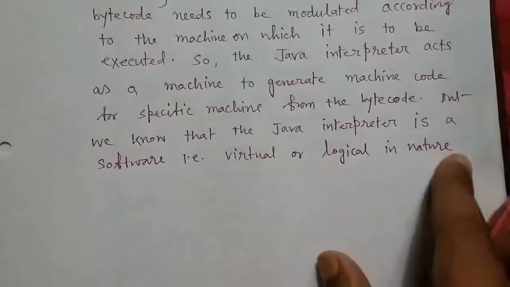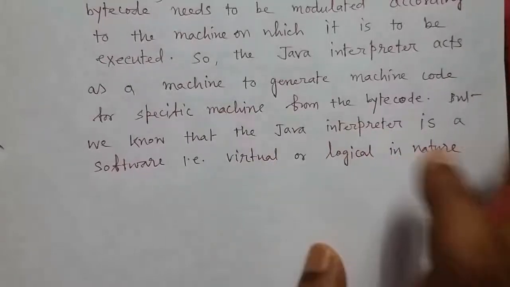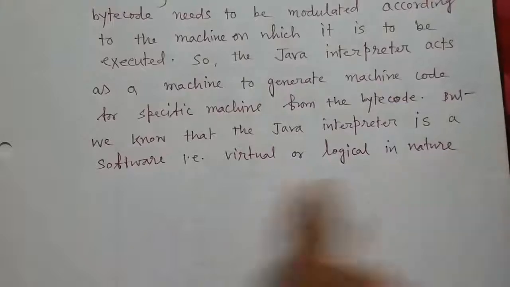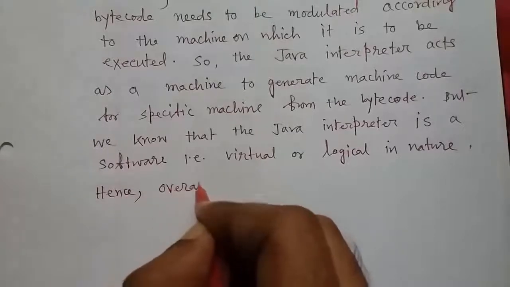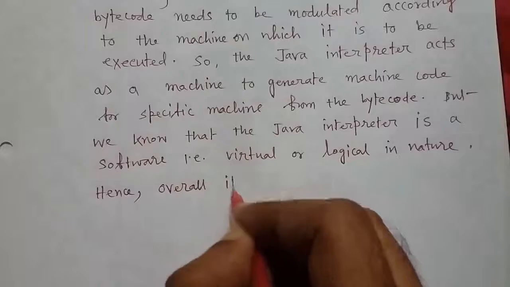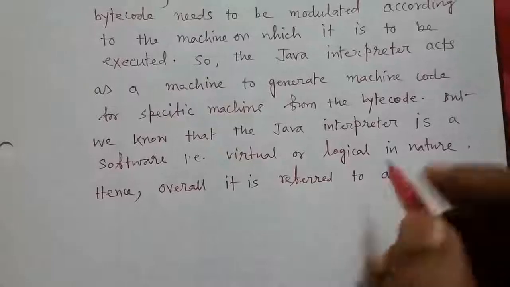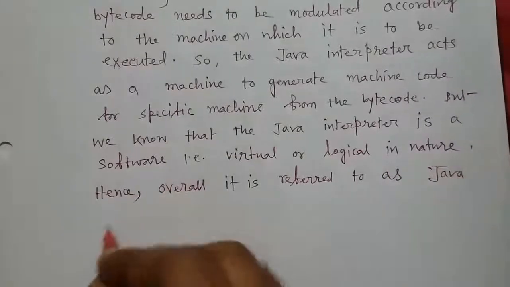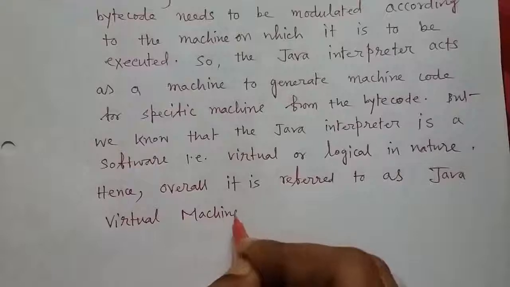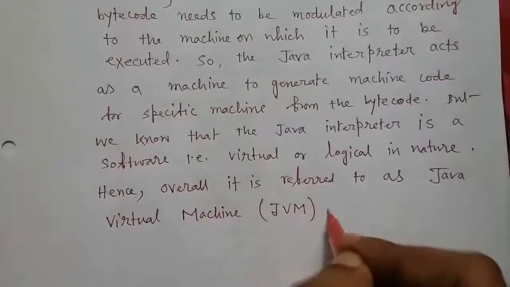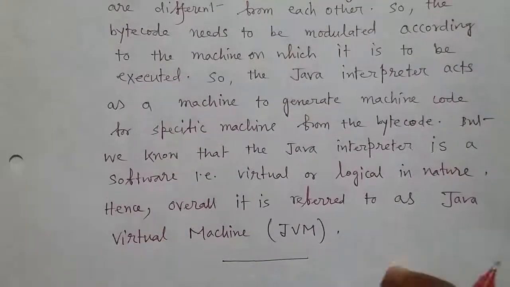Virtual or logical in nature means the Java interpreter does not really exist. We cannot touch it. So, virtual and logical in nature, hence overall it is referred to as the Java Virtual Machine or JVM. So that is the reason: a software that acts as a machine, that's why Java Virtual Machine.